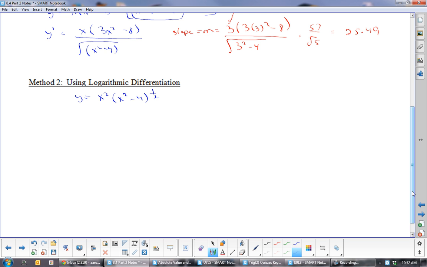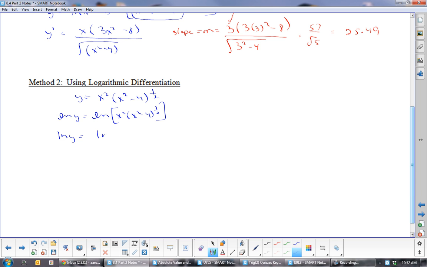So what I'm going to do is ln both sides. So I got ln y equals ln of x squared times (x squared minus 4) to the half. And that's all one thing, right? What makes using logs nice is because I can use my product rule and split up that stuff on the right.